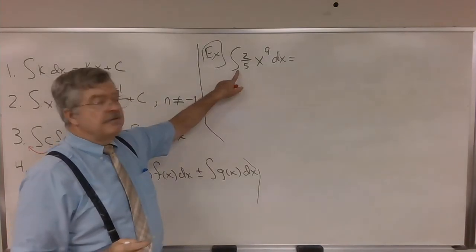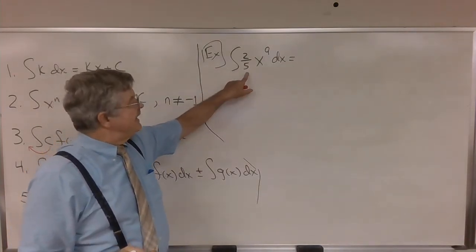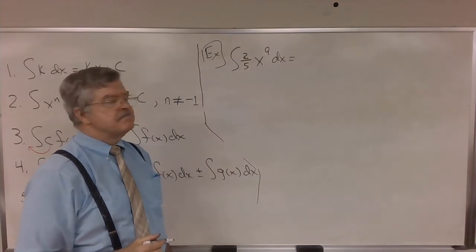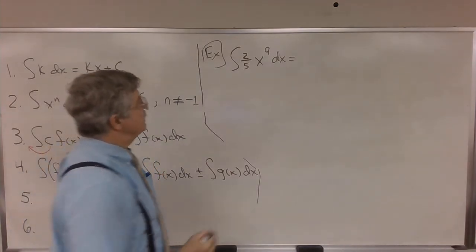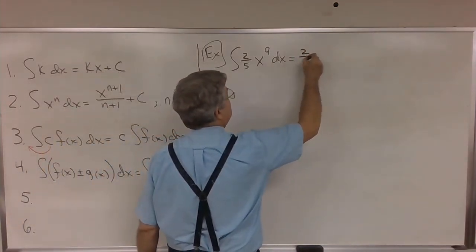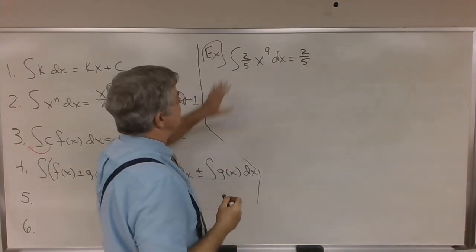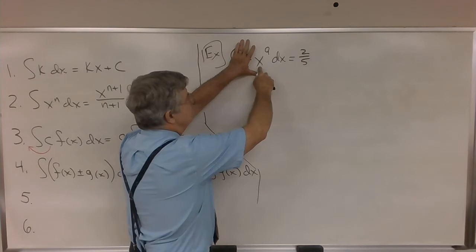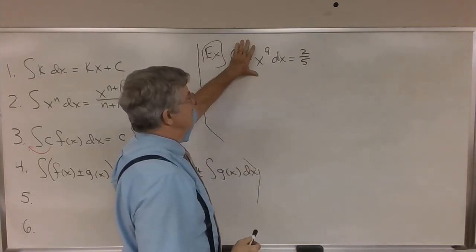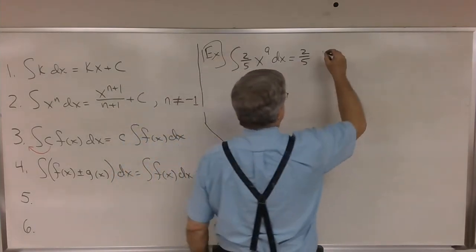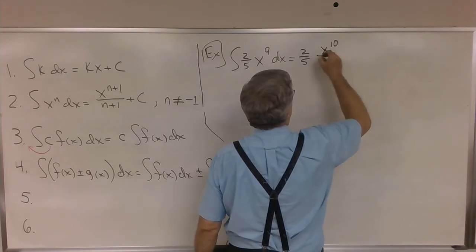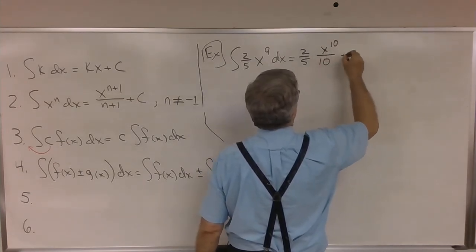We have the integral or antiderivative of a constant times a function. So we can write the constant down and then just worry about computing the antiderivative of the function. It's a power rule problem. Add 1 to the exponent and divide by the new exponent.